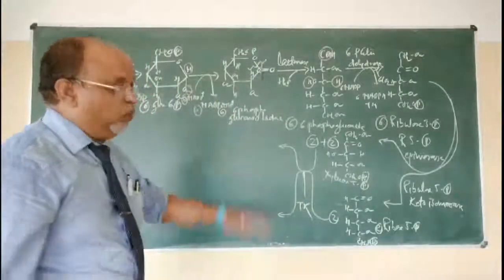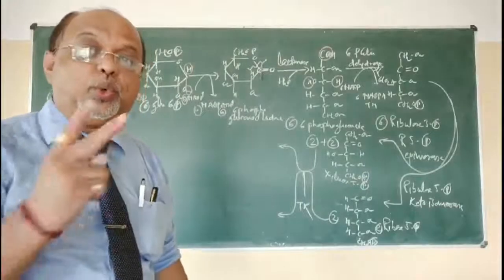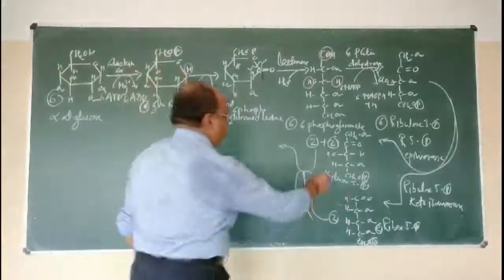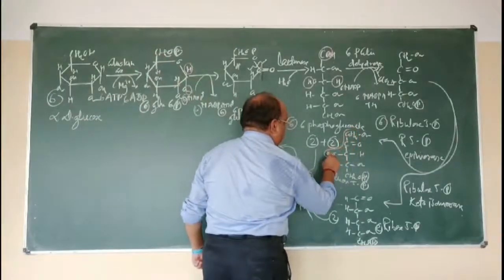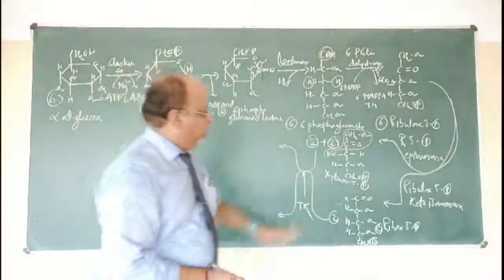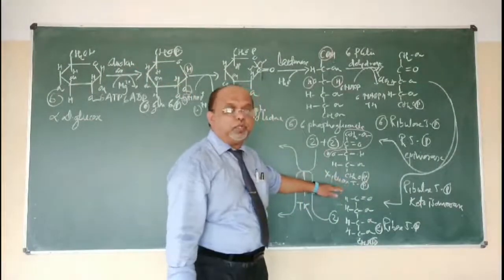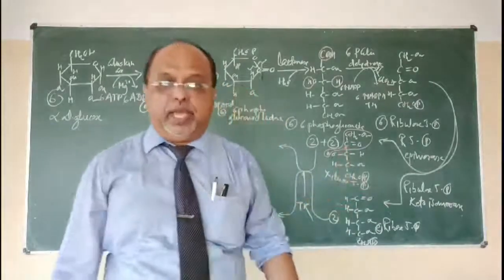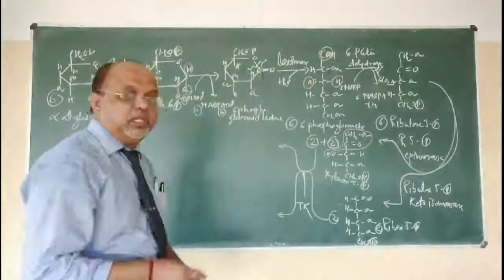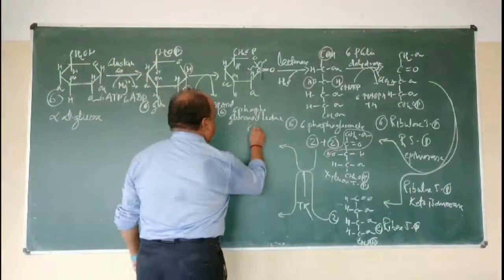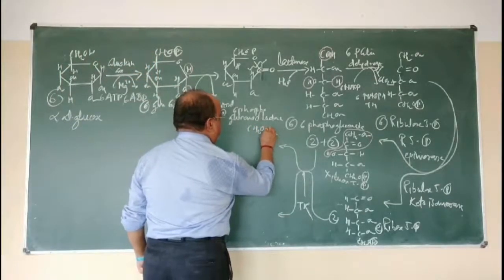This transketolase transfers a 2 carbon fragment. I will show you the 2 carbon fragment. This 2 carbon fragment is shifted from xylulose 5-phosphate onto ribose 5-phosphate. So ultimately it forms a 7 carbon sugar. Let us draw the structure of the 7 carbon sugar.